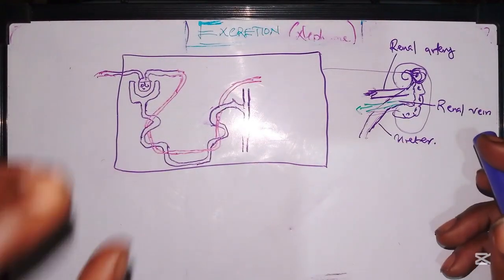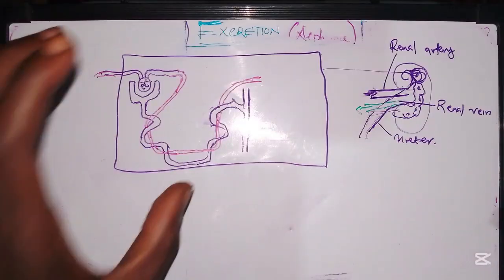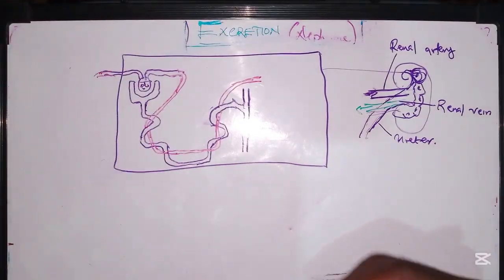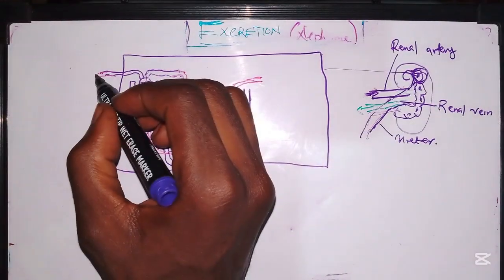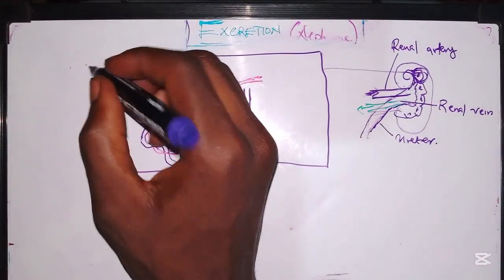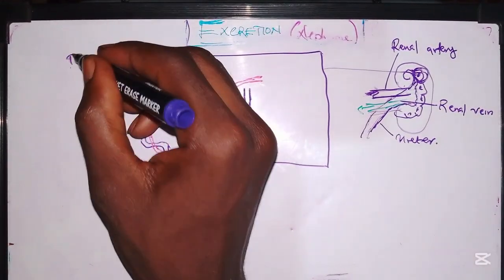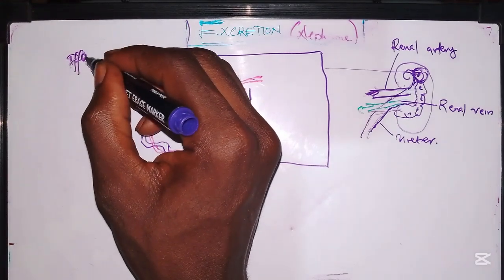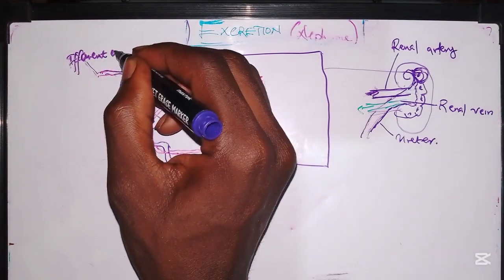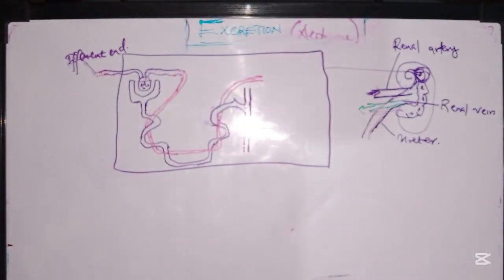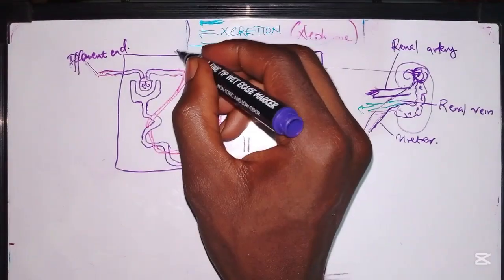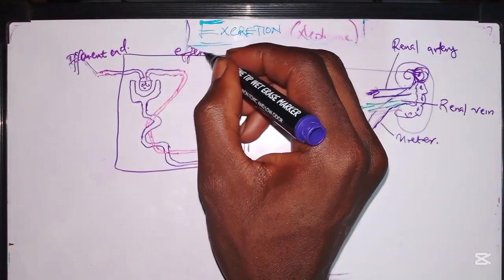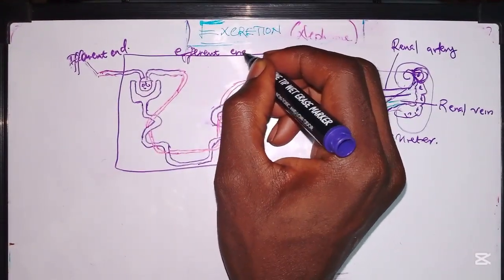The first part you will see on a nephron is a part of a blood vessel, and it is known as the afferent end. Then it also has a second part which is known as the efferent end.